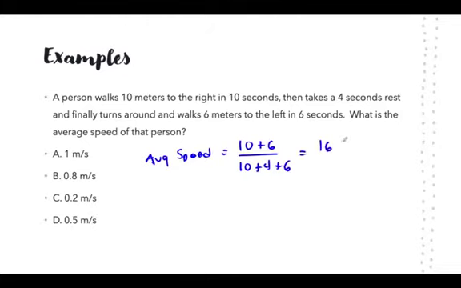This would equal 16 meters over 20 seconds, which gives me an answer of 0.8 meters per second. So our answer would be B, 0.8 meters per second. All right, let's move on.